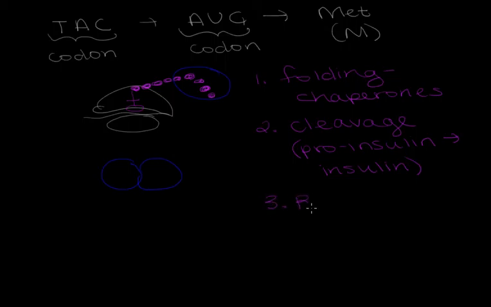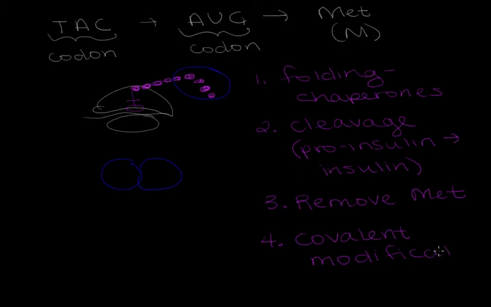It was just the signal, like the green light to go. So occasionally methionine can be removed if it's not necessary for the structure. And also, any covalent modifications. Maybe there's a cofactor that needs to be covalently added to the active site. None of these are encoded in the DNA information.